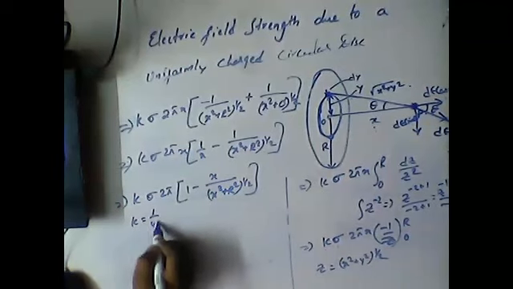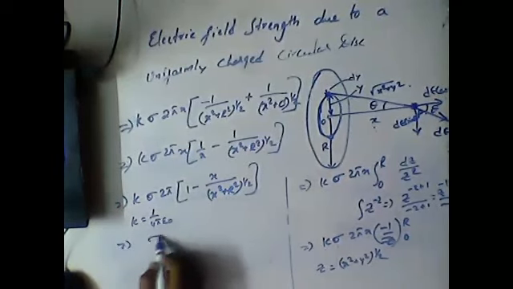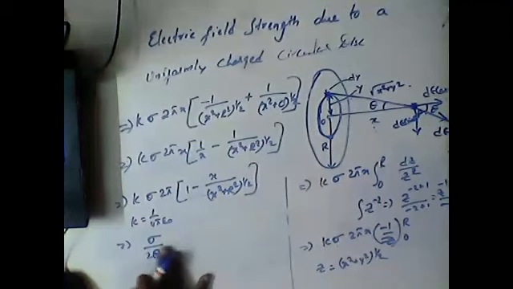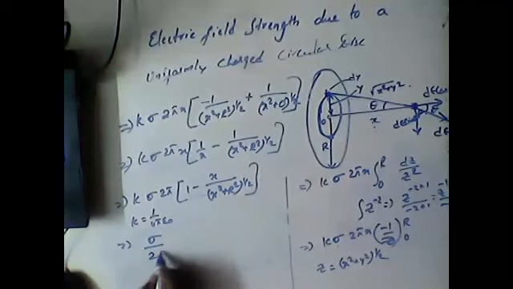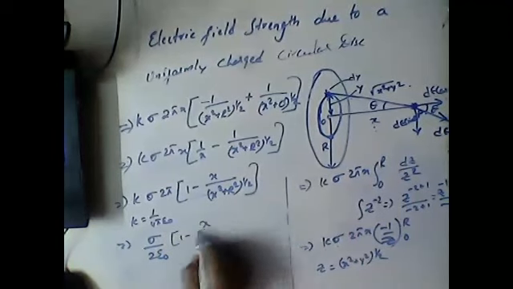By substituting k is equal to 1 by 4 pi epsilon, we get sigma by 2 epsilon times 1 minus x by (x square plus r square) whole power 1 by 2.